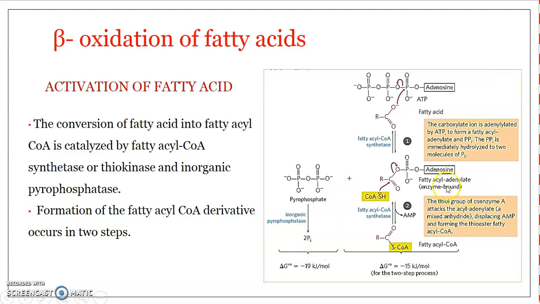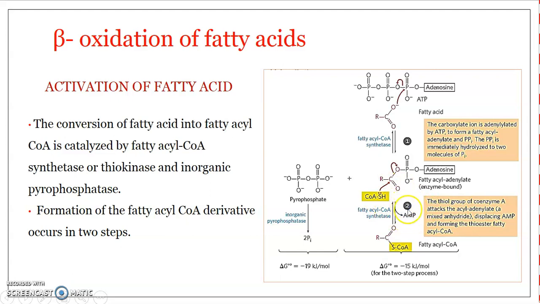Now what happens to fatty acyl adenylate? It is an adenylate molecule, and it gets acted upon by coenzyme A. It then gets converted into fatty acyl coenzyme A. And again, the same enzyme catalyzes this reverse process as well.